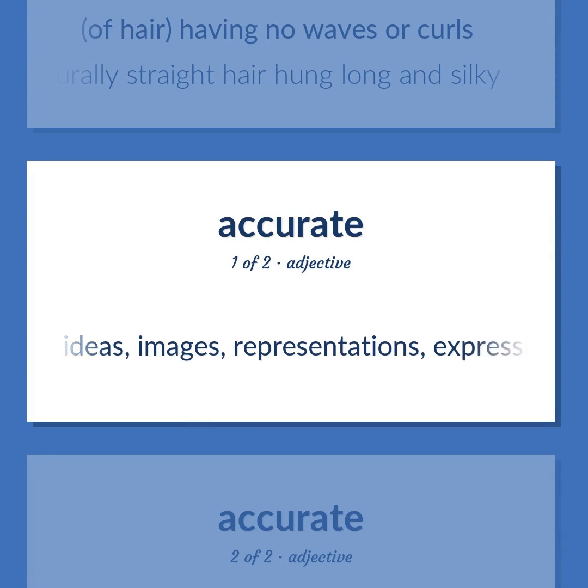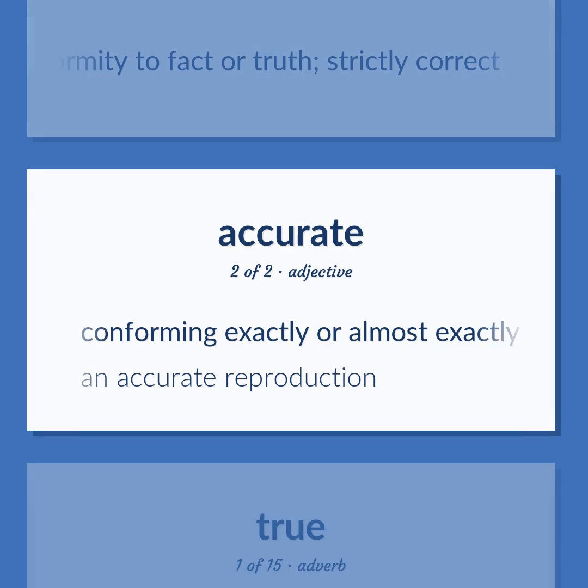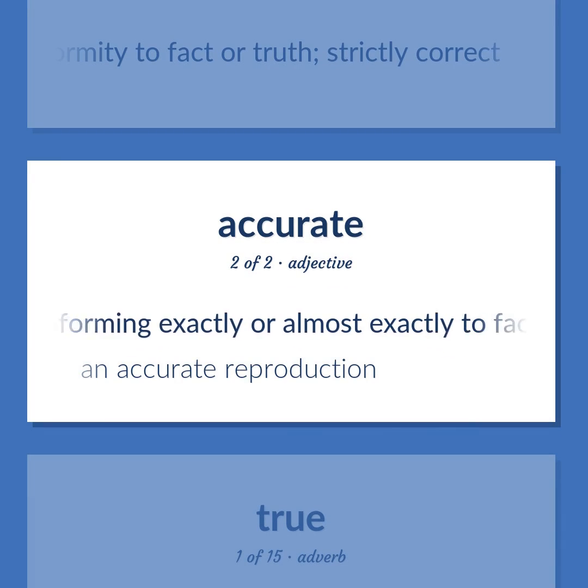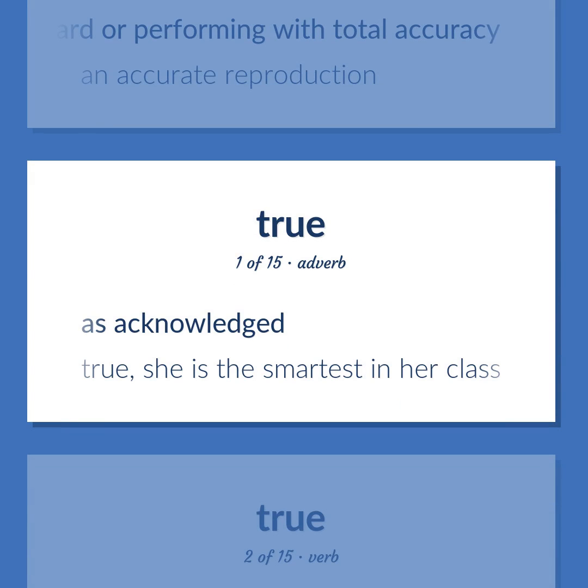Of ideas, images, representations, expressions, characterized by perfect conformity to fact or truth, strictly correct. Conforming exactly or almost exactly to fact or to a standard or performing with total accuracy. An accurate reproduction. As acknowledged. True, she is the smartest in her class.